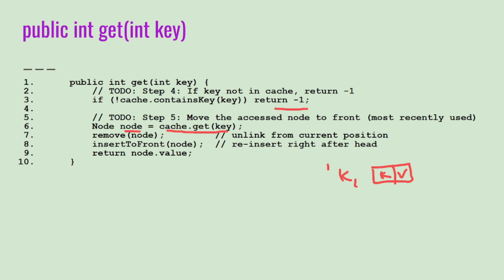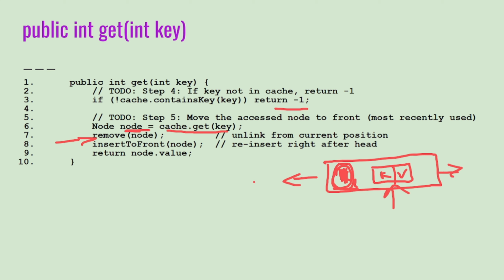So whenever you hit this, let's suppose node 1, whenever you hit this node key, you will get this node here. Then you will remove this node. So there will be a method that will unlink from the current position, right? So these two nodes we will unlink using the remove method. This link we will break.